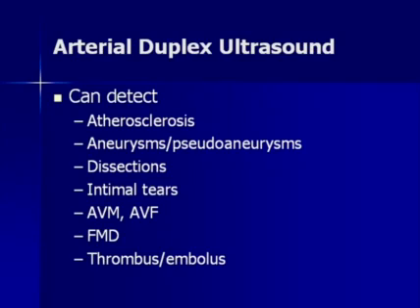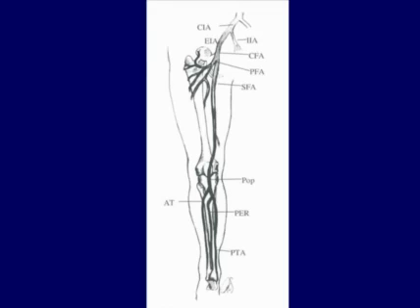Fibromuscular dysplasia, or FMD, is less common in the periphery, although you can see it in larger vessels such as the iliacs. A little less common than that even is evaluating patients for thromboemboli. This is usually an acute event. We don't often see them in the ultrasound departments, but they rather go straight on to an interventional suite.